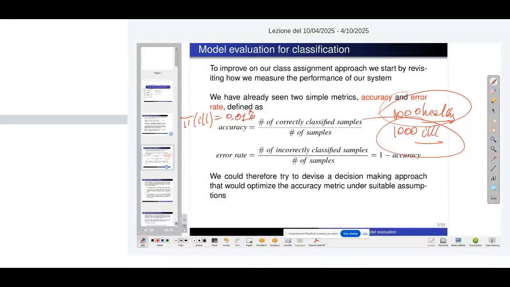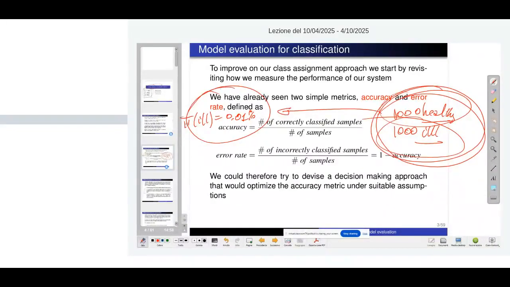If I pick one person at random, there is, in this case, a 1 over 10,000 probability that they are ill. This is not unreasonable. These are perfectly reasonable numbers. If you pick for some illness somebody at random, the chance that they are ill is usually very low for that illness. So my evaluation set will have an empirical prior that does not reflect the reality in which I am employing my classifier. If I use an error rate measured on this data set, it will not be a good proxy for the number of errors that I would have in real use cases.